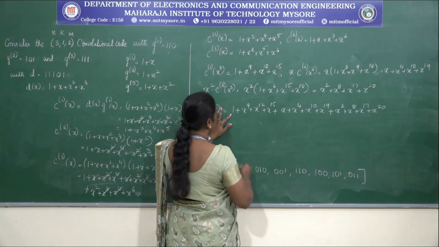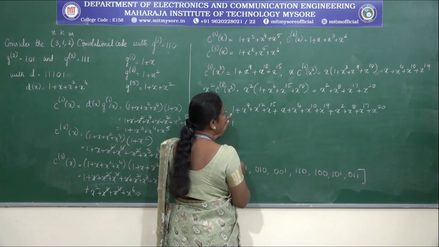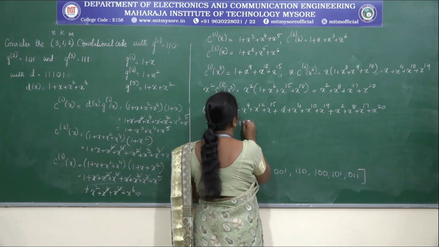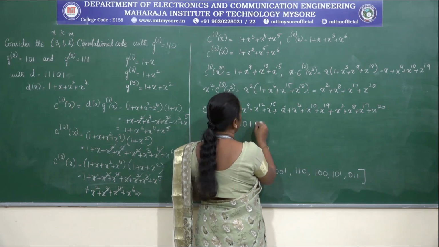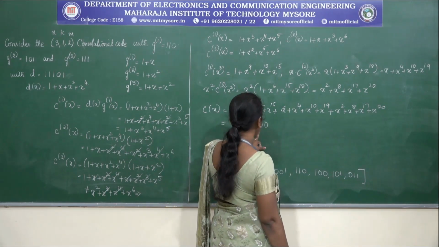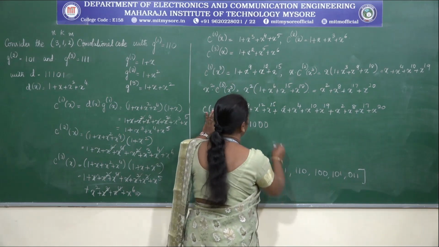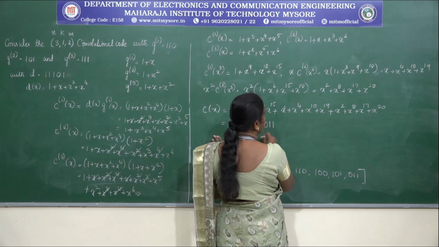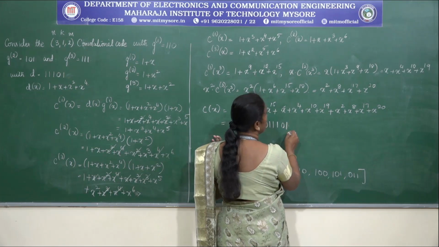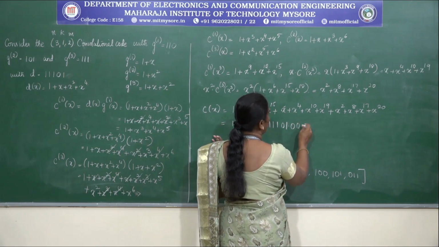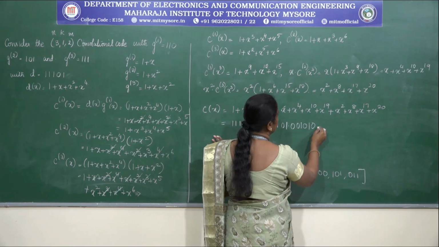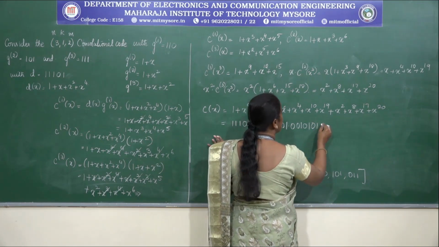So we have x, it is 1, x square, we have 1, we don't have x3, x4, x5, x6, x7, okay, then x8, x9, x10, x11, 12 is there, 13, 14, 15, 16, 17, 18, 19, then we have 20.